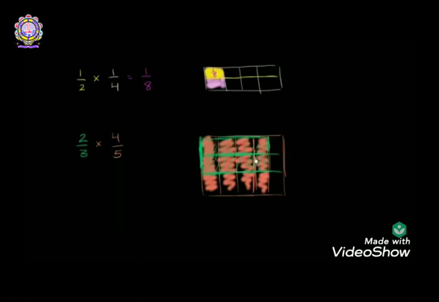But what fraction of the whole does that represent? Well, how many total equal sections do we now have? We have 1, 2, 3, 4, 5, 6, 7, 8, 9, 10, 11, 12, 13, 14, 15. So we have 15 equal sections, and that makes sense.